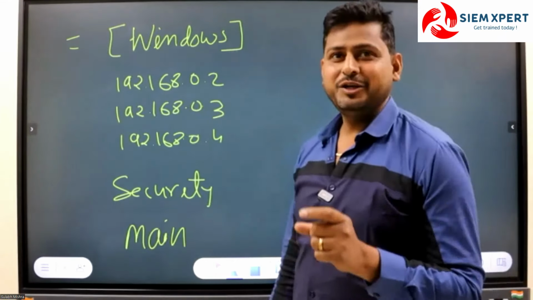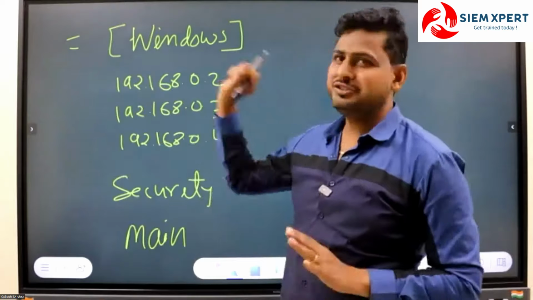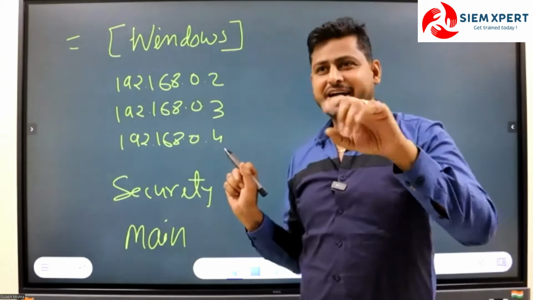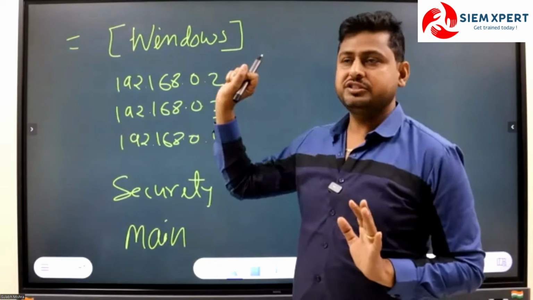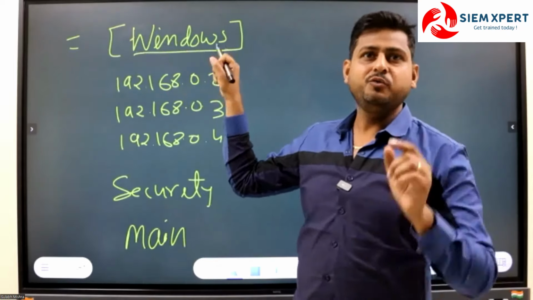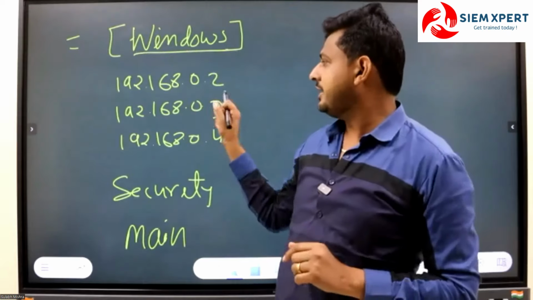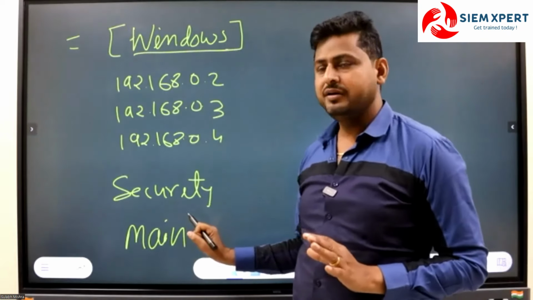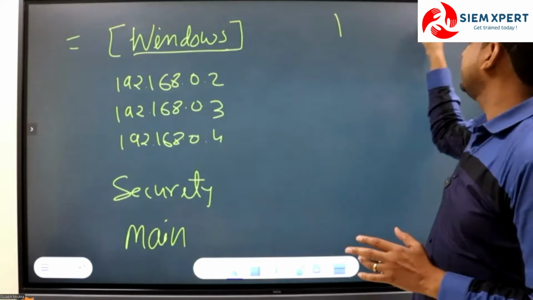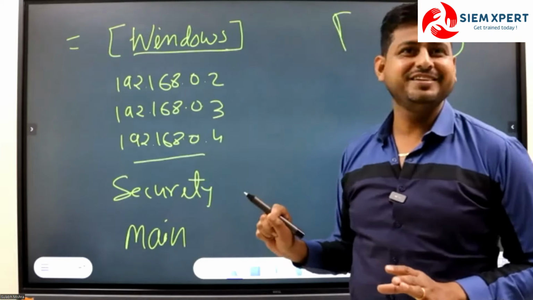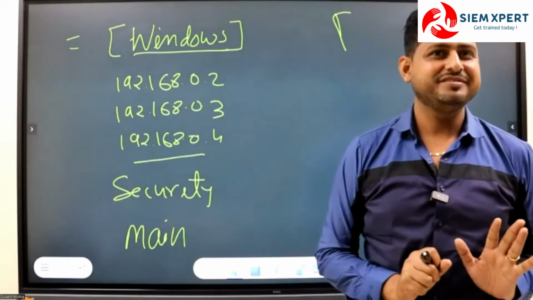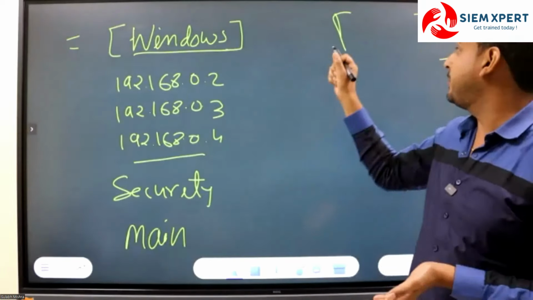You remember you selected the group Windows before. If you enter the group Windows again, same as before, and enter the IP address and security again, then it won't create another group. It will add the IP address here only, with all the same information. It won't create a separate configuration.